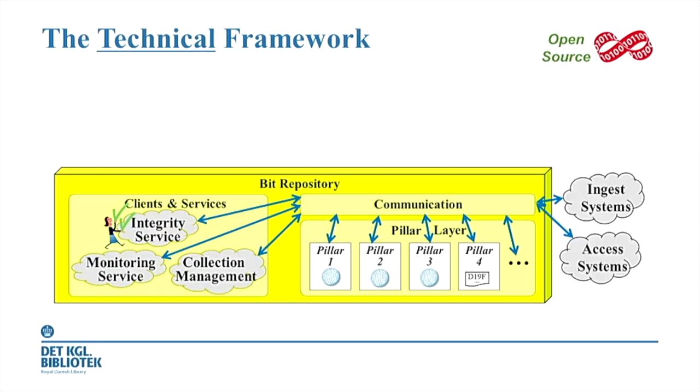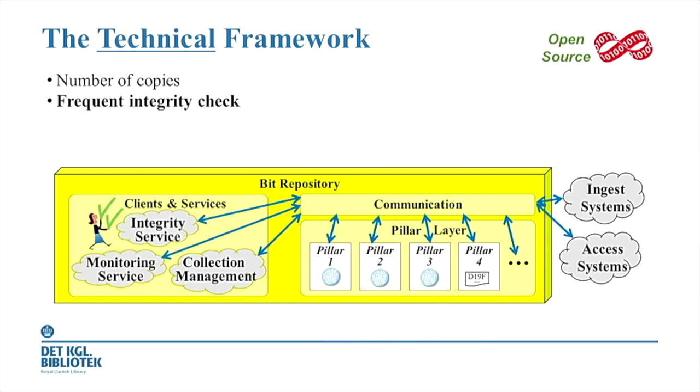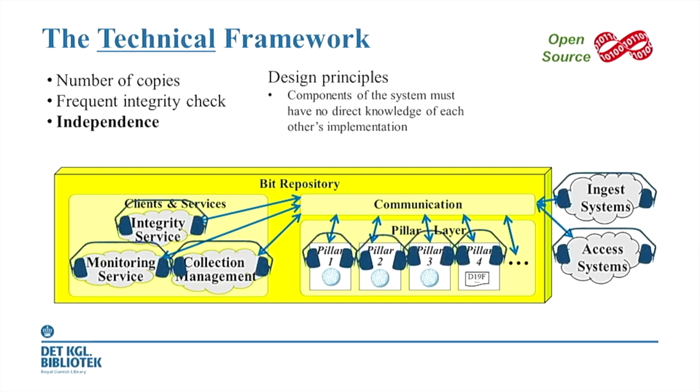It is a layer where you have communications between the copies, and then there are different services on top of it. It has a number of copies, and it has an integrity service. It has independence, where each of the components doesn't know anything about the other components. They just have to respond to the protocol.